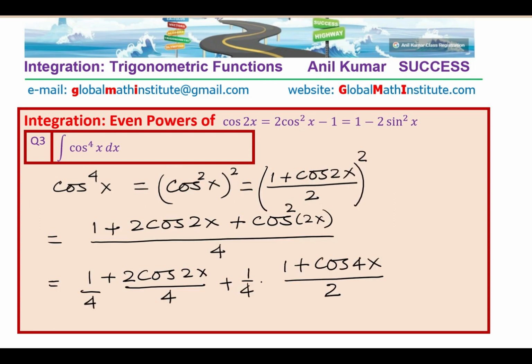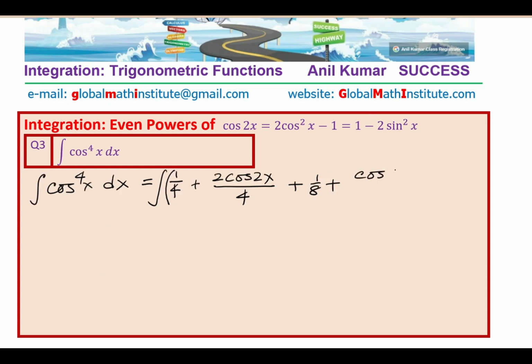Plus cos 4x over 8 dx. Correct? So that is what we get.